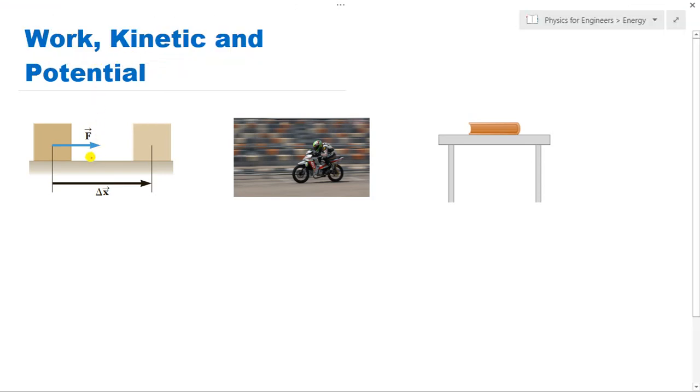Now in the first figure on the left, we have a block that is pulled by this applied force F over a certain distance.